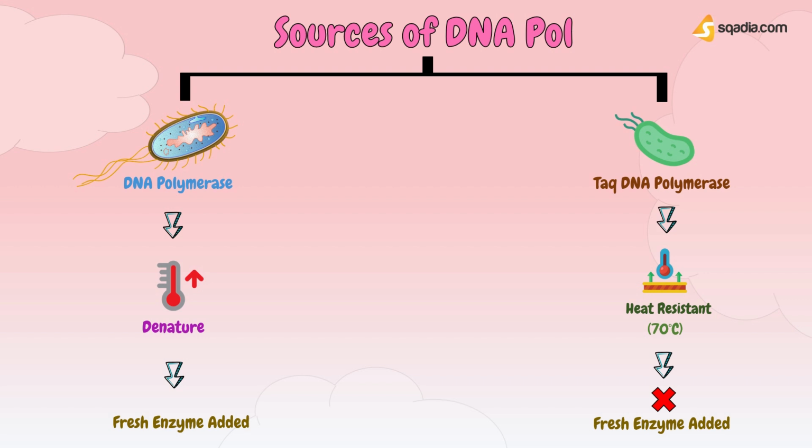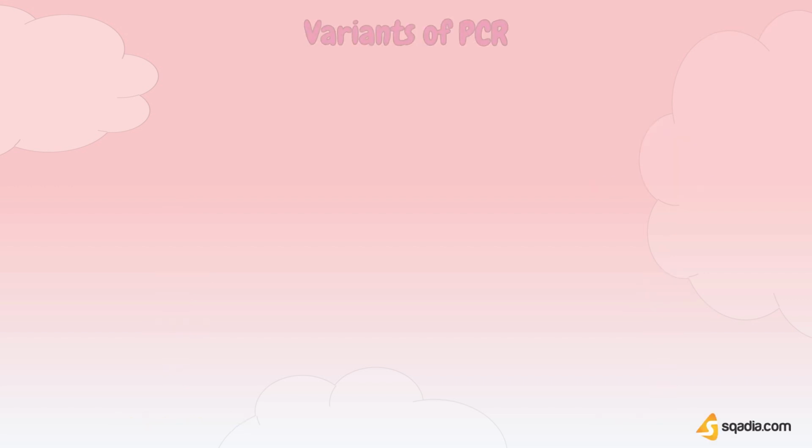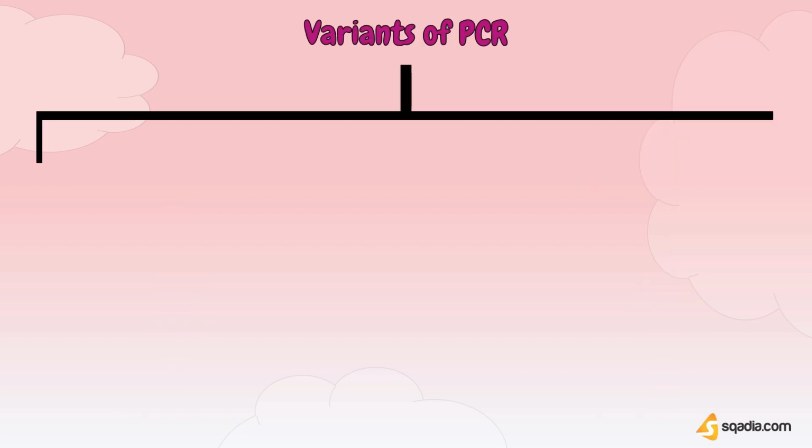Now let's discuss variations of polymerase chain reaction. The basic technique of polymerase chain reaction has been described. Being a versatile technique, polymerase chain reaction is modified as per the specific demands of the situation.